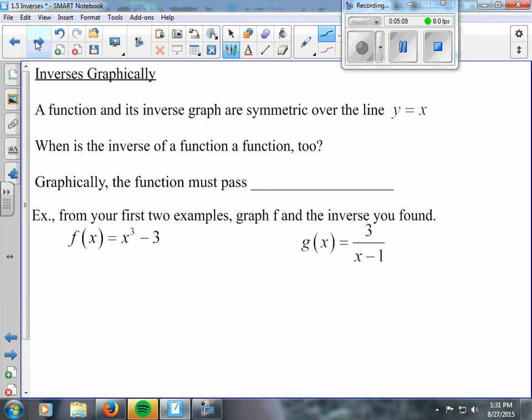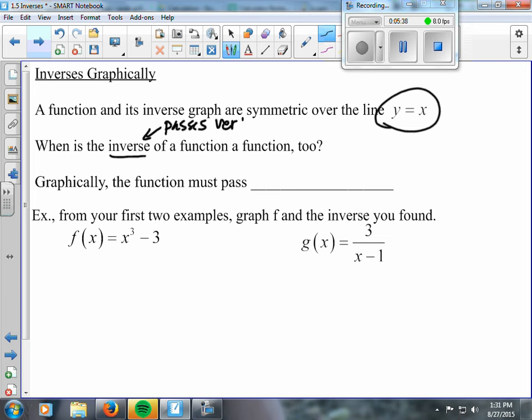Okay, so once you're done with that, let's do inverses graphically. For the picture of the inverse and its original function, graphically, these are symmetric over the line y equals x. And again, that's that when you switch x and y, you get a lot of interesting things, and one of that is the symmetry with y equals x. So when is the inverse of a function too? It's when the inverse passes a vertical line test.